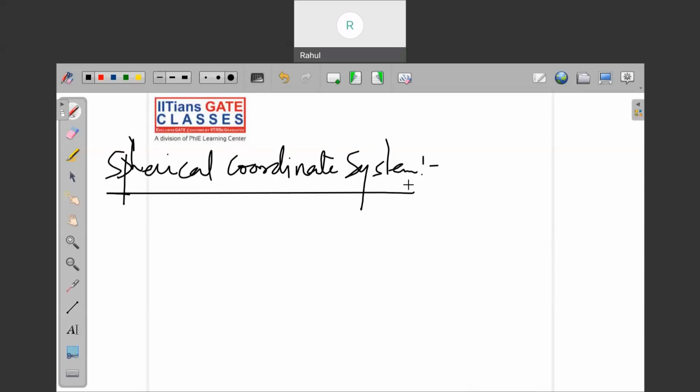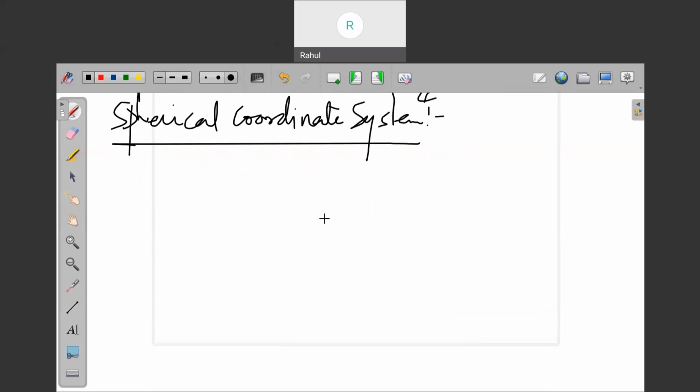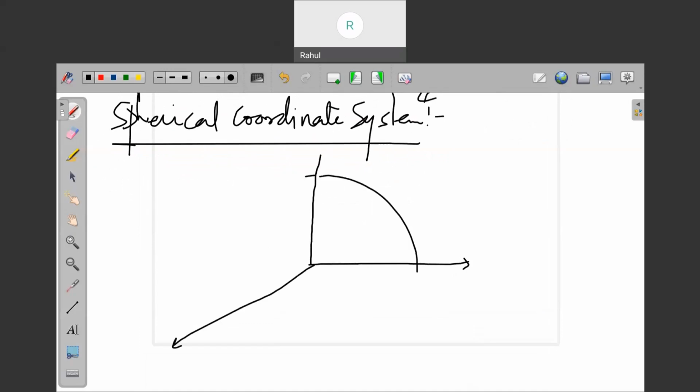But in the case of Cartesian there was no restriction at all. Anywhere you go along x, y, z, the direction is going to be the same. The spherical coordinate system will be used to analyze antenna problems, remember? So what we are going to do here is consider one octant. So this is one octant, one simple octant.